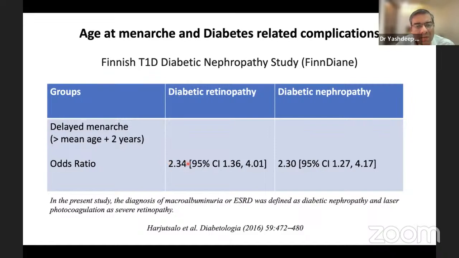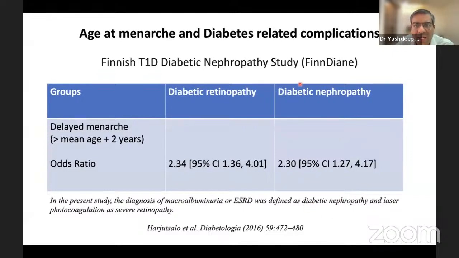So there is a 2.34 odds of diabetic retinopathy, and 2.3 odds of diabetic nephropathy. These are severe complications, defined by macroalbuminuria or end-stage renal disease as diabetic nephropathy, and laser photocoagulation as severe retinopathy.